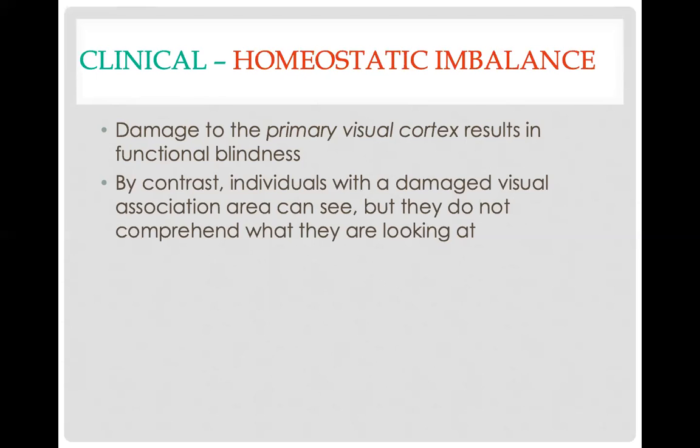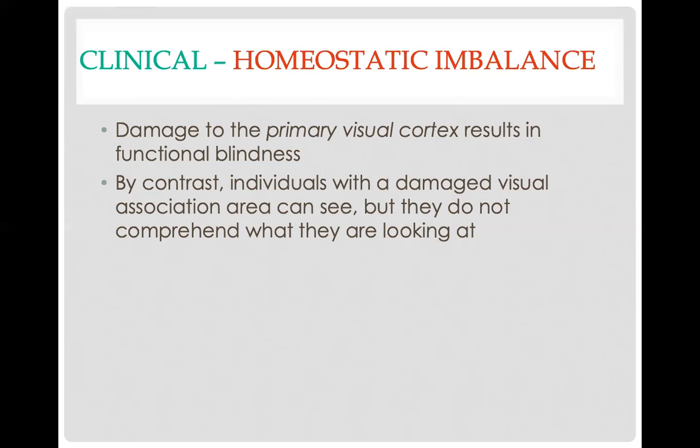Now, what if the damage is as a result of lesions or trauma to what we identify as visual association area? In such cases, the person can actually see, so they can see, for instance, there is a person in front of them, or there is an image in front of them, or there is an object in front of them, or a specific color in front of them.